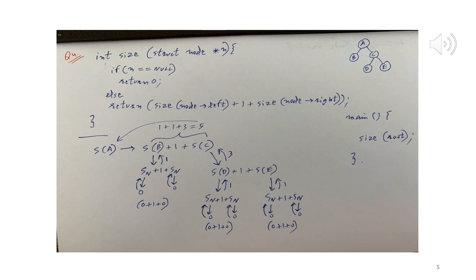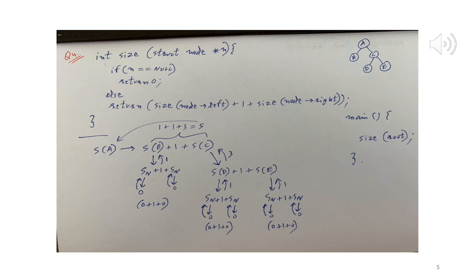So SC gives rise to size of node arrow left. Right now n is pointing to C, correct? So n arrow left points to D. So it gives rise to S of D, calling size with a pointer to node D, plus 1 plus size of n arrow right. n is pointing to C, so n arrow right means pointing to the right child of C, which is E, right?